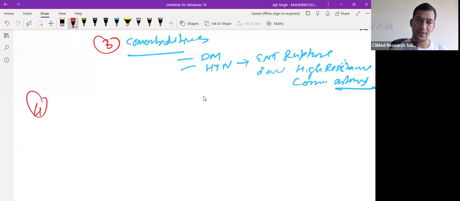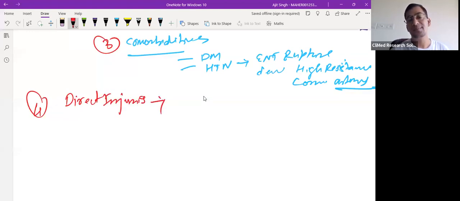and 4 is direct injuries. How do direct injuries happen, guys? First, if someone is going through surgery or other problems where we do catheterization, catheters are directly responsible for injuring the endothelium.